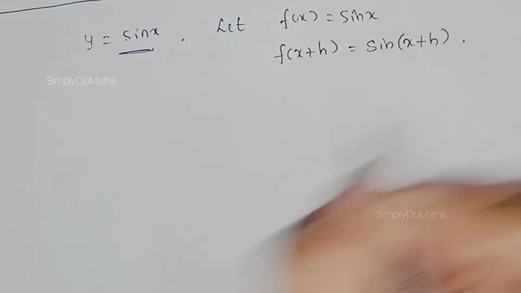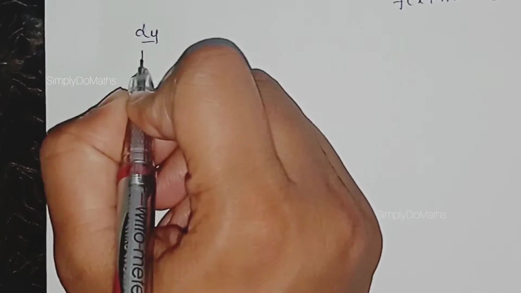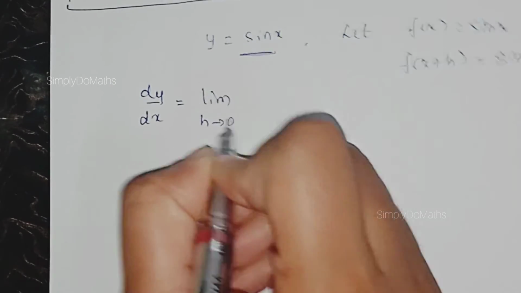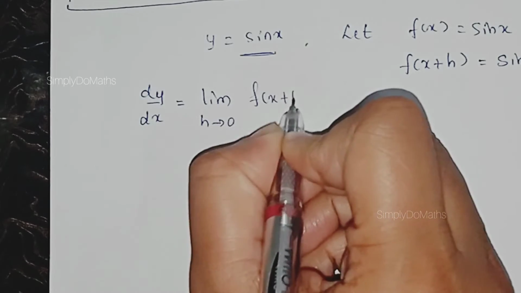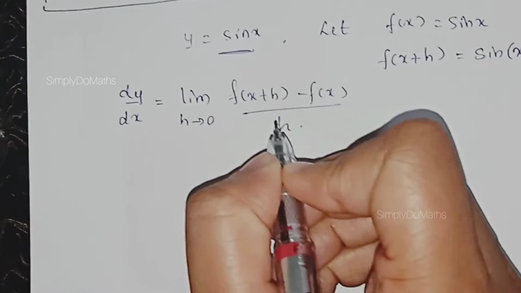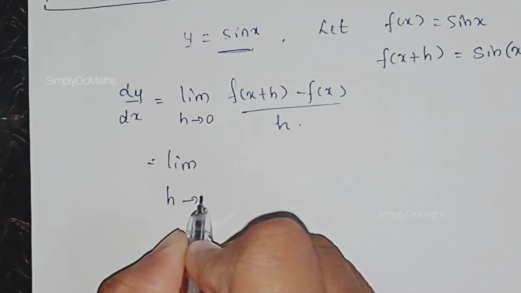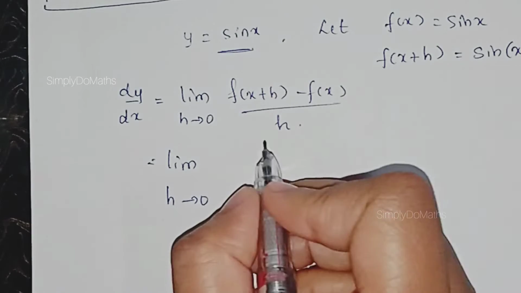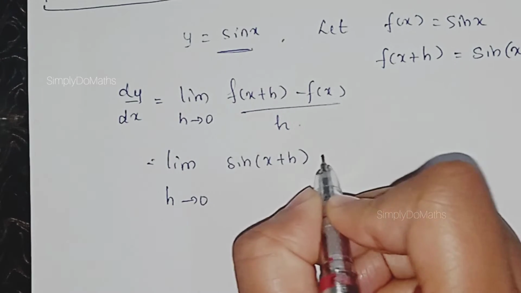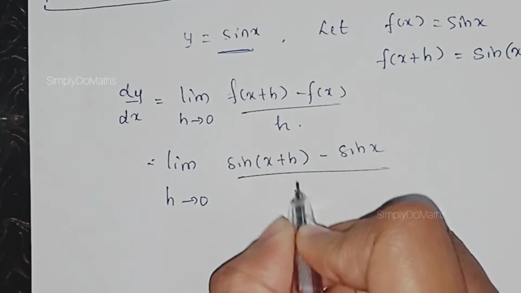So sine of x plus h. The formula states that dy by dx is equal to limit as h tending to 0 of f of x plus h minus f of x divided by h. So let us substitute all the values. Limit as h tending to 0, the value of f of x plus h is sine of x plus h, and the value of f of x is sine x, divided by h.